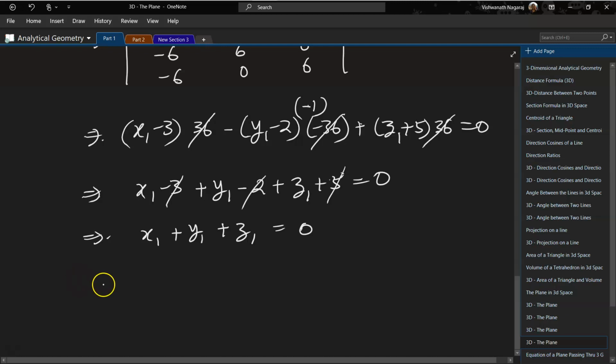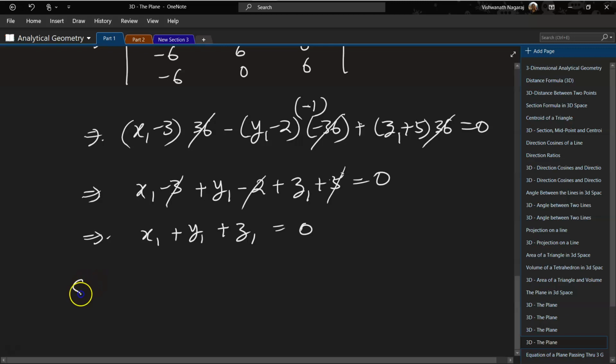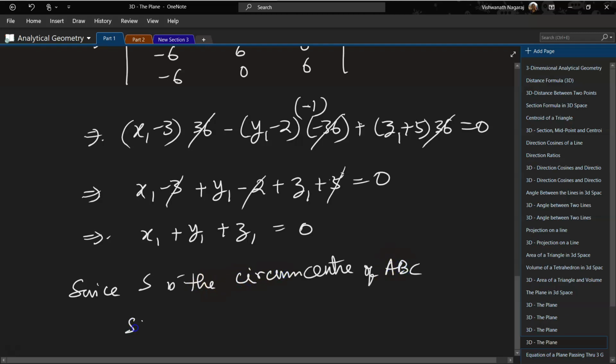We have to figure out the coordinates of the circumcenter of this triangle. So since S is the circumcenter of ABC, that means what?